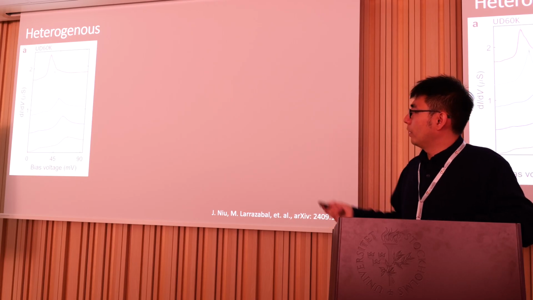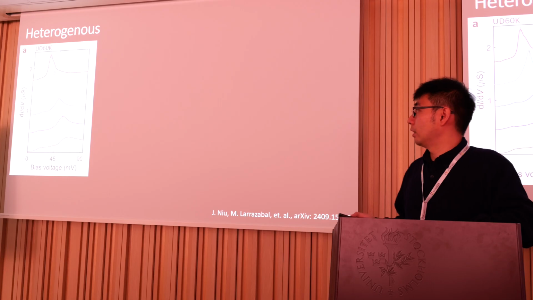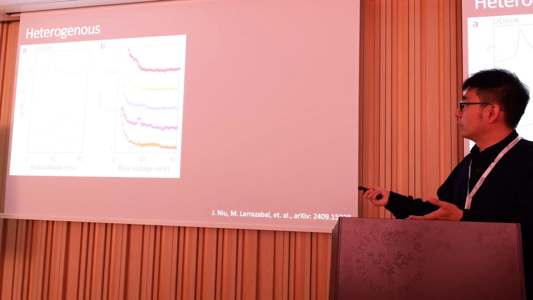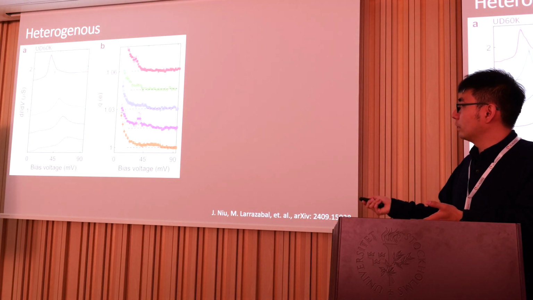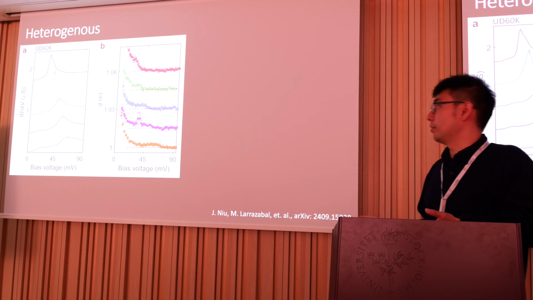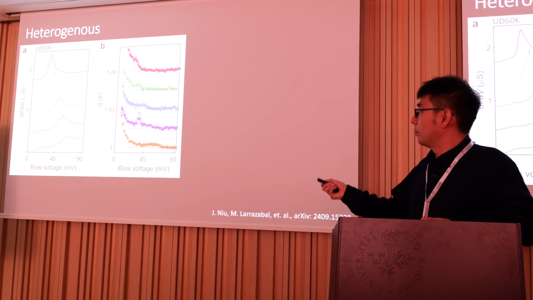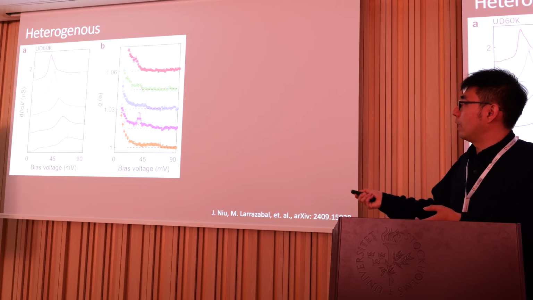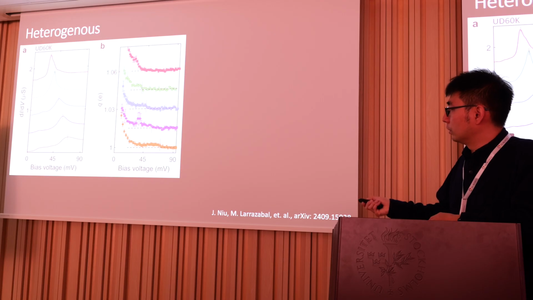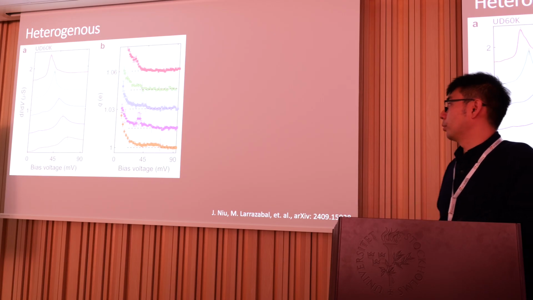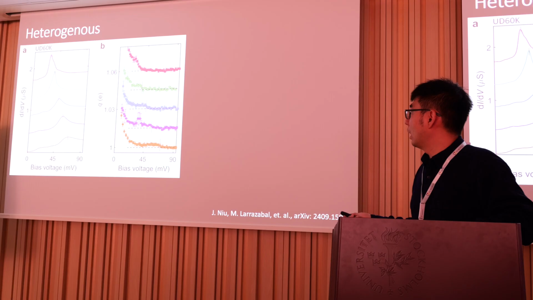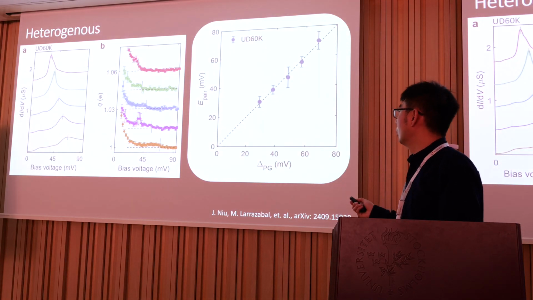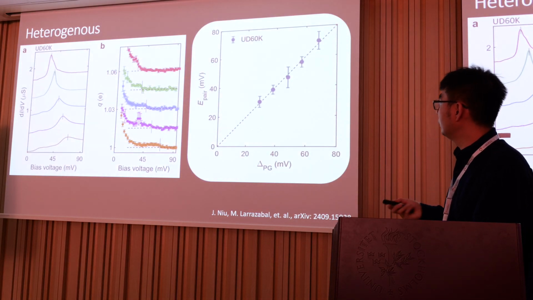We measured the same sample at different areas, and you have different spectra and a different pseudo gap. If you look at the experimental data, you can find that your noise step follows very well with similar behavior. When your pseudo gap increases, your pairing also increases. So we can extract the pseudo gap and the superconducting gap, with the noise step calculated by the gradient of the effective charge Q, and summarizing it, you can find that it overlaps very well with the linear behavior.